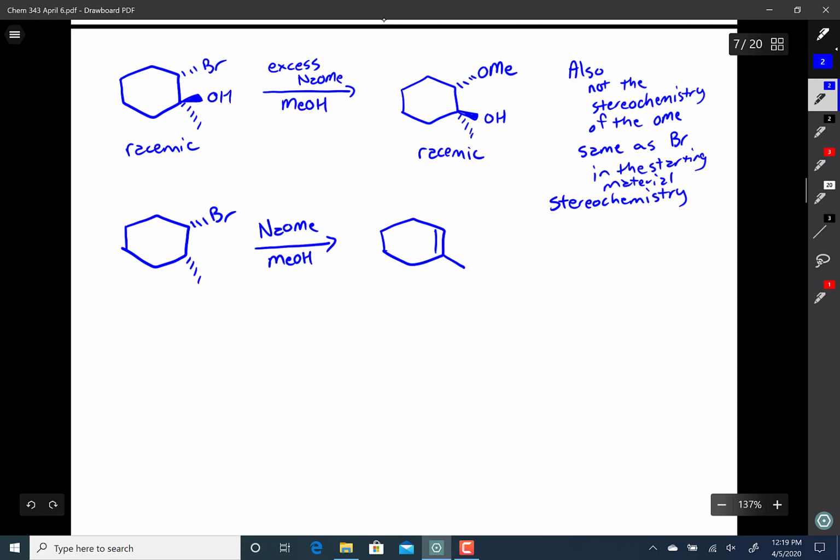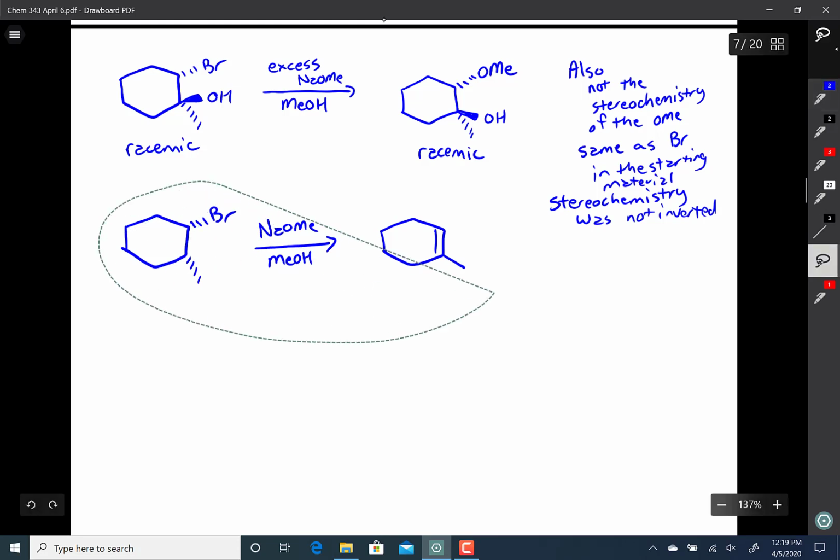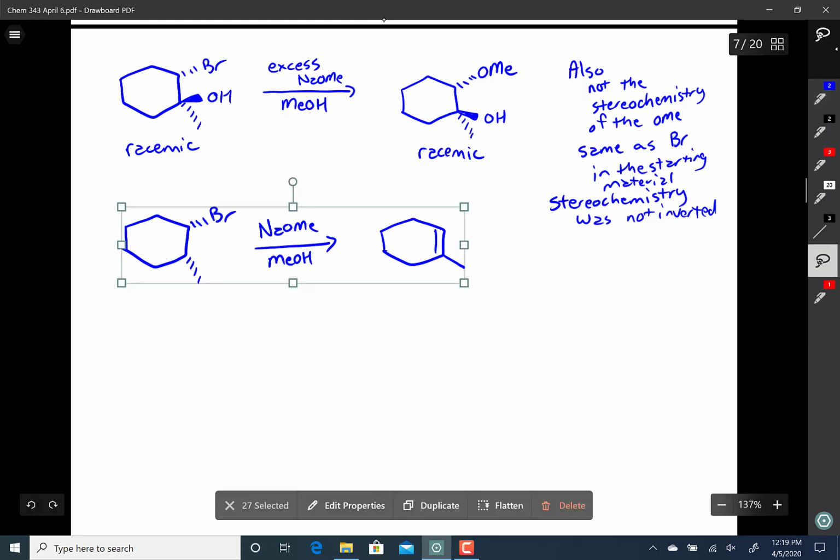It wasn't inverted. So this is an unusual reaction, in that it's doing SN2, doing a substitution when it shouldn't be, and it's also not inverting. Well, it turns out it is inverting, it's just doing it twice.